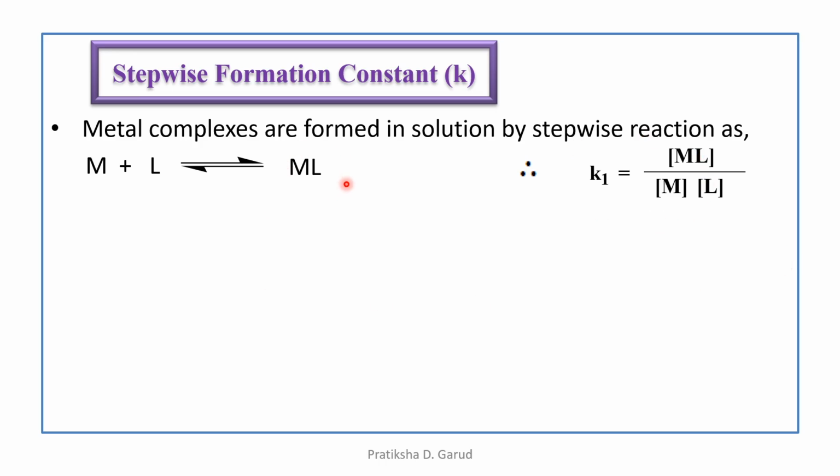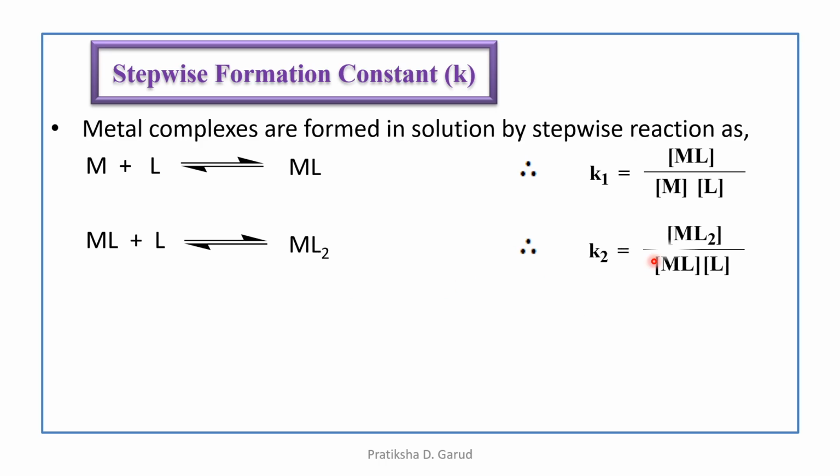Now to this ML, that is the product, we again add one more ligand molecule. So we have ML plus L, and we get the product ML2. Therefore the constant will be K2. K2 equals the concentration of the product, ML2, divided by the concentration of the reactants, ML into L. So this is known as K2, the second constant.